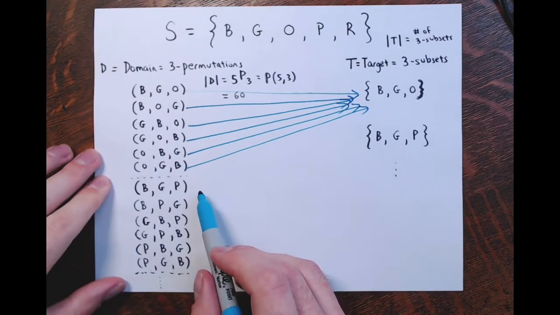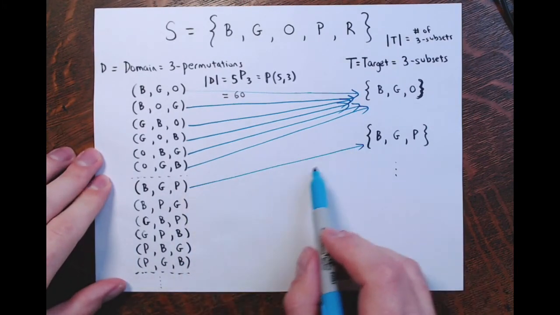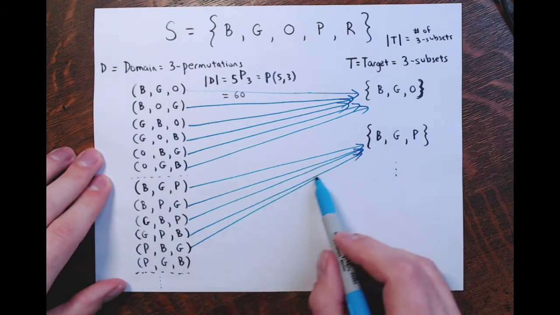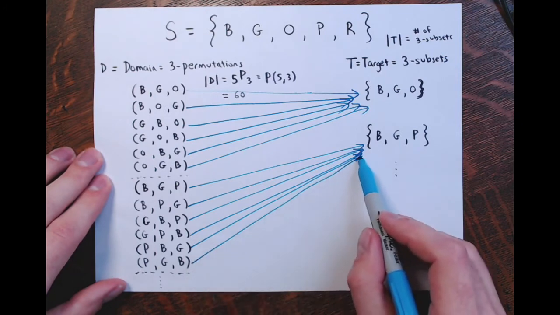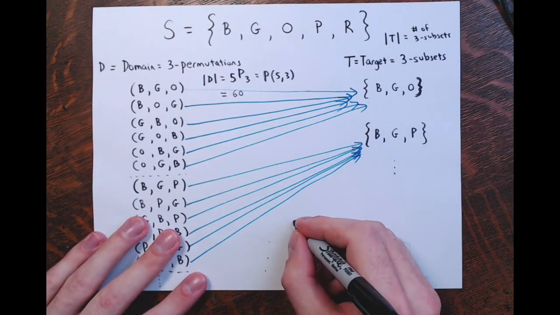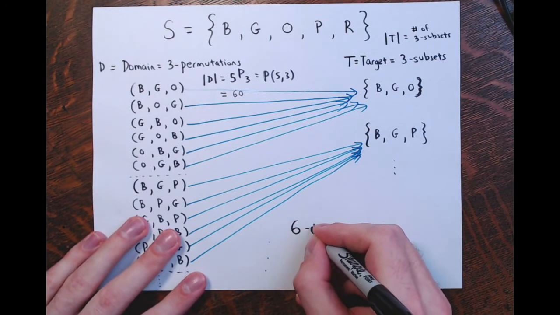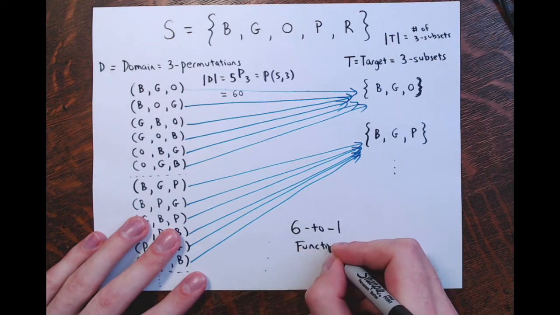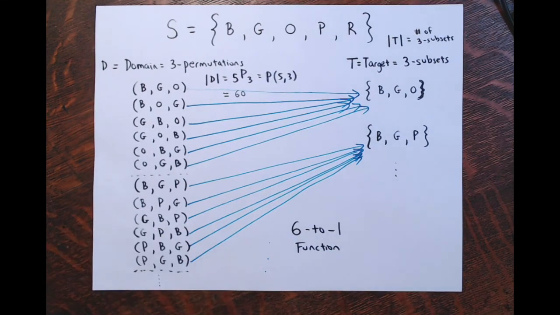And the same thing here, BGP. All 6 of these would map to this one subset. I would do this for all 60 of the permutations. But what we have here is a 6-to-1 function.